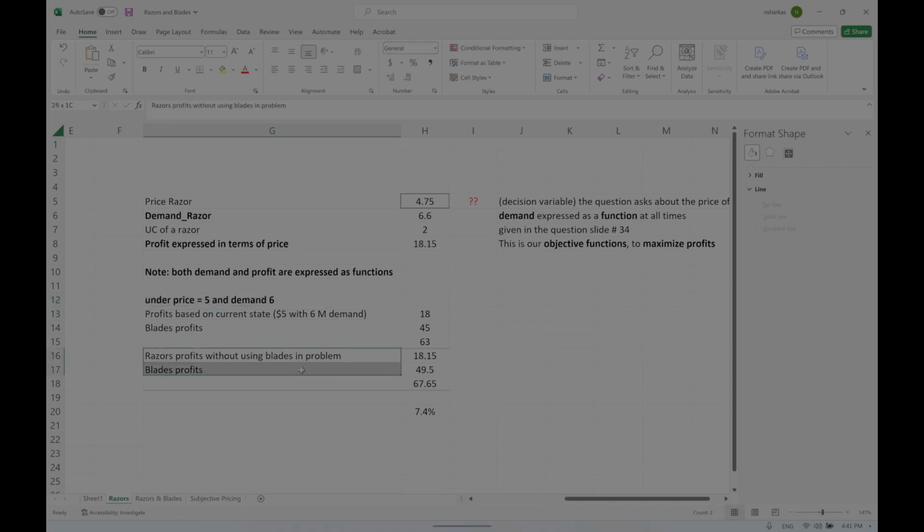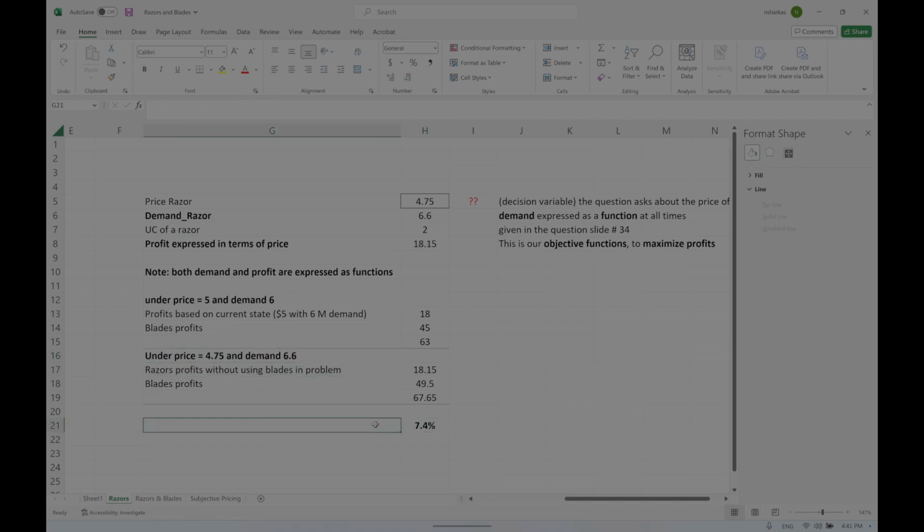So that's interesting. Under price equal 5 and demand 6, we are calculating all this. This is calculated under price equal 4.75 and demand 6.6 optimized. So that is quite interesting too.